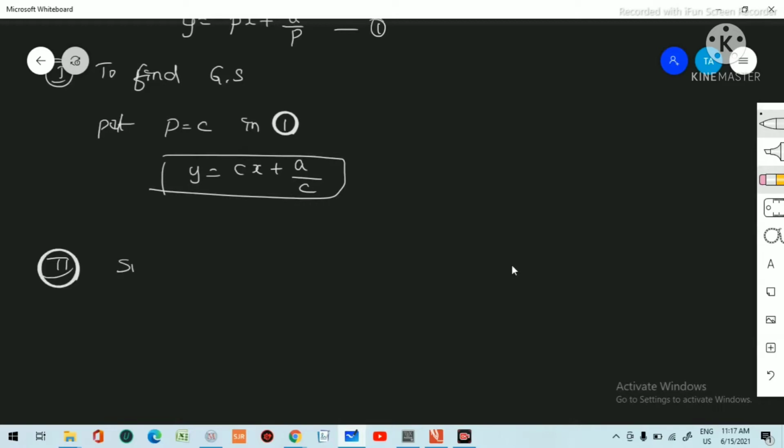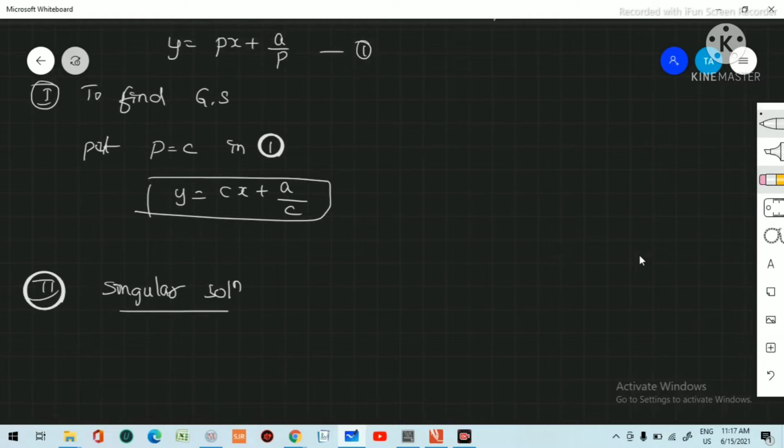Second part, for the singular solution, what I said in the method, we have to differentiate equation number 1 partially with respect to p. So this is my equation number 1 above, which I have written. Differentiate that with respect to p partially. The left hand side is equal to 0.